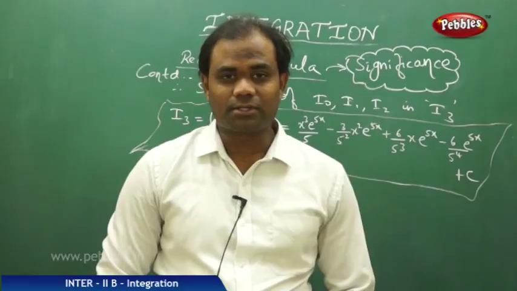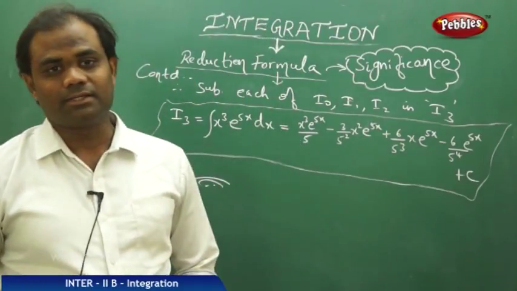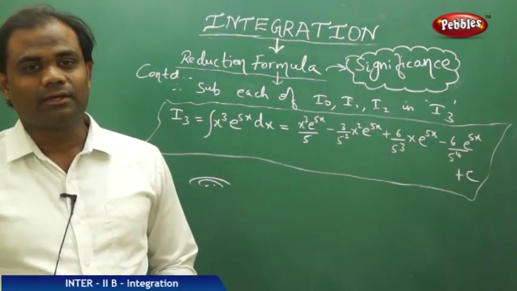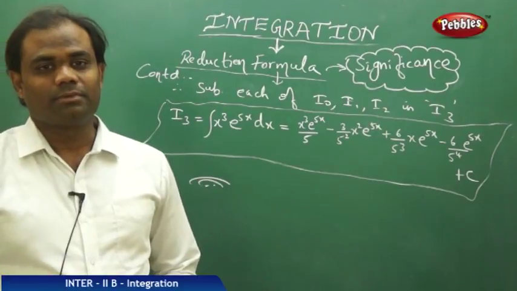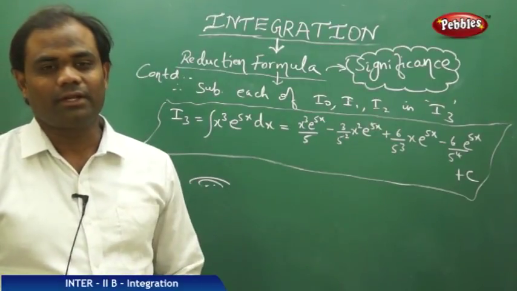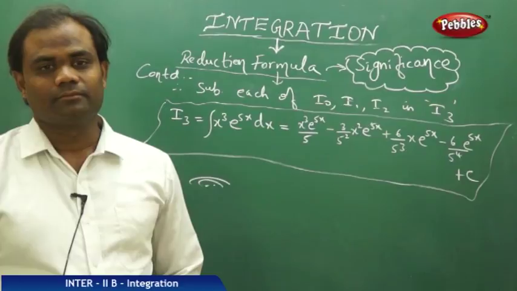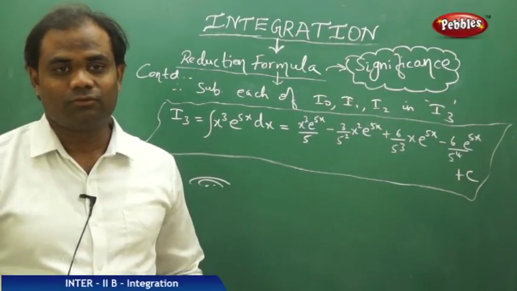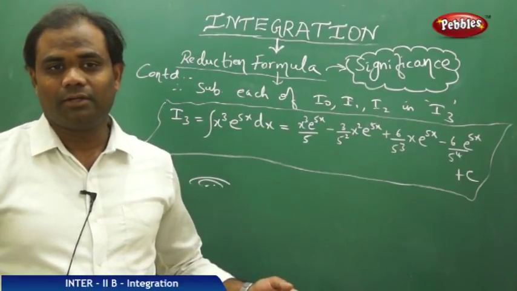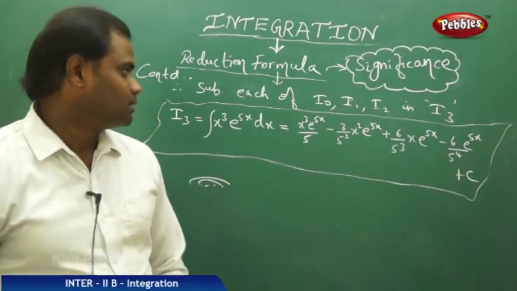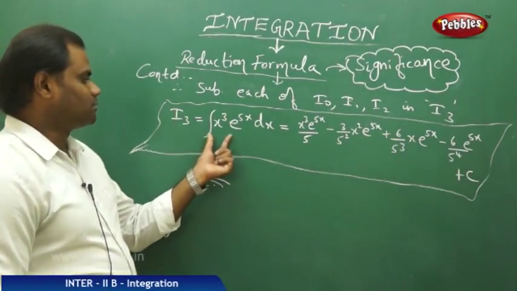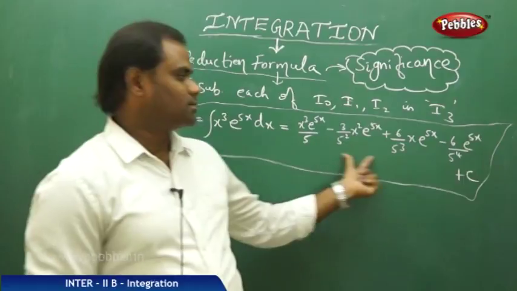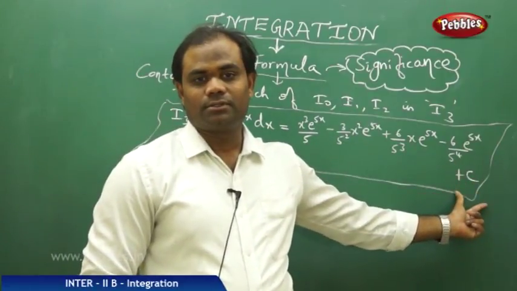So the significance of the reduction formula is that for larger n, integrations can be simplified by reducing the value of n and then finding. So reduction helps for larger values of n in integration of the functions. Integration of I3, which is x cubed e power 5x dx, is done with this.